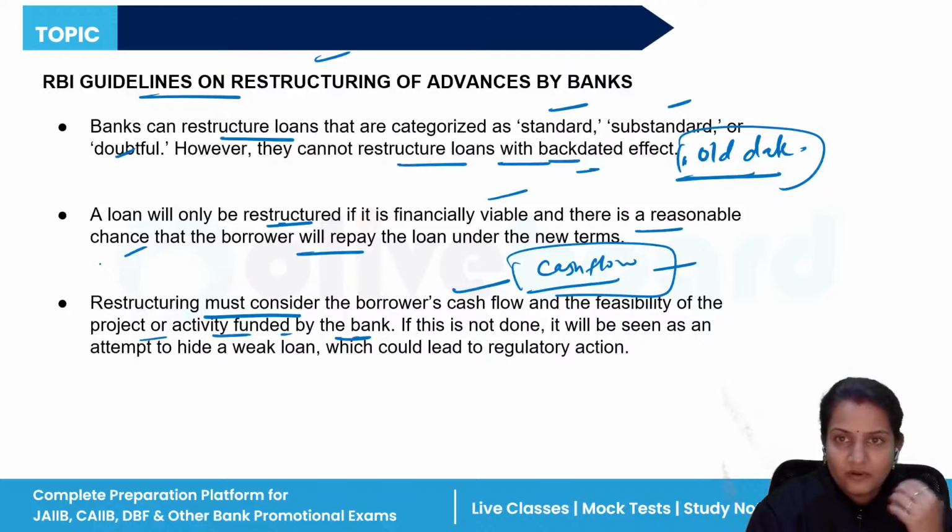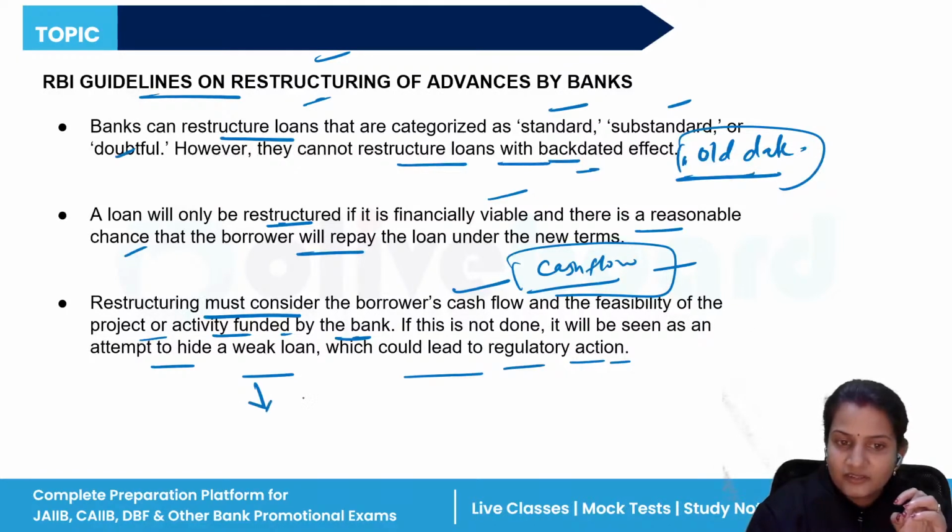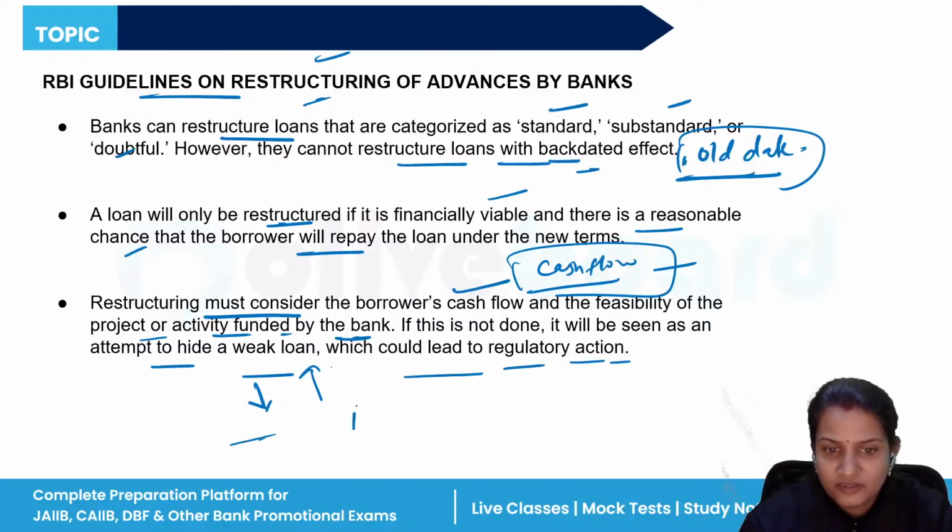And if these borrowers are not cooperating, not supporting, then it means that they are hiding a weak loan, which could lead to regulatory action. So the borrowers as well as the bank both should support each other in case of restructuring. If the bank is decreasing the interest rate, then the borrowers should come forward and repay their loans back to the bank. This is how restructuring is done.